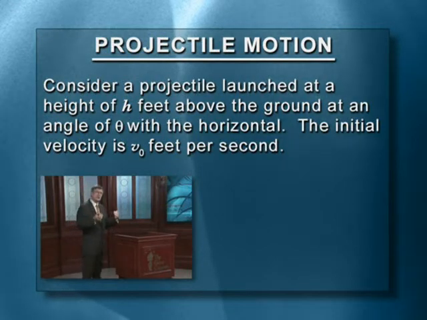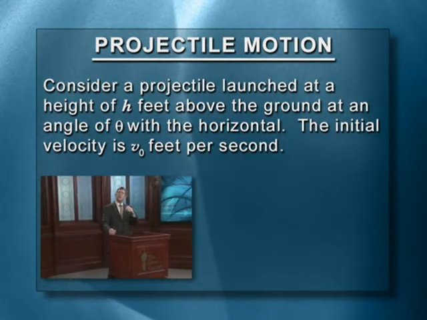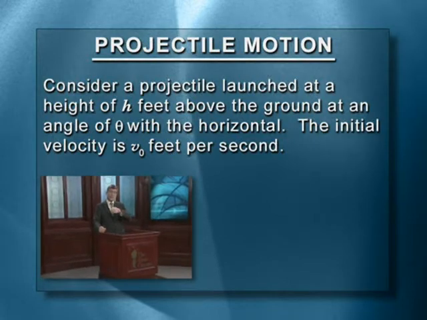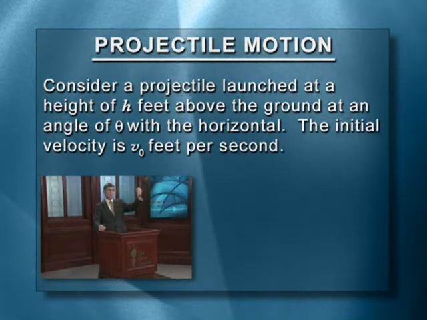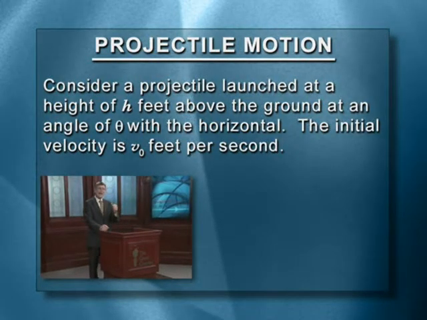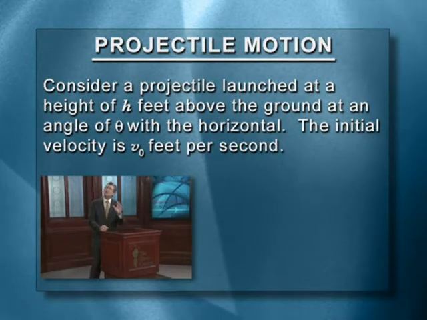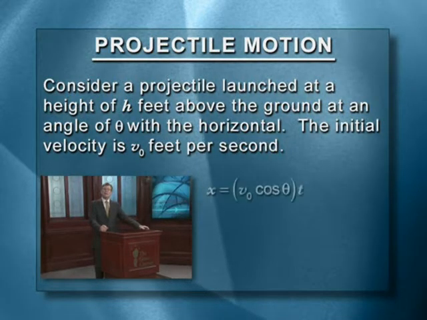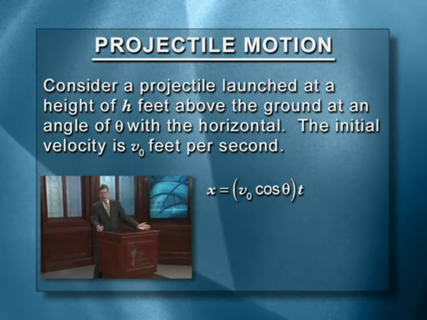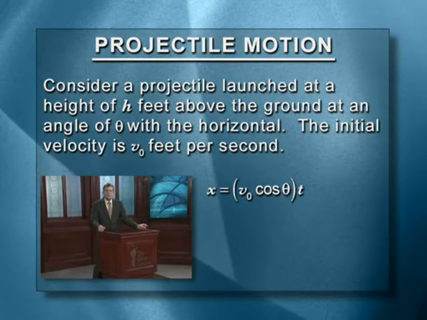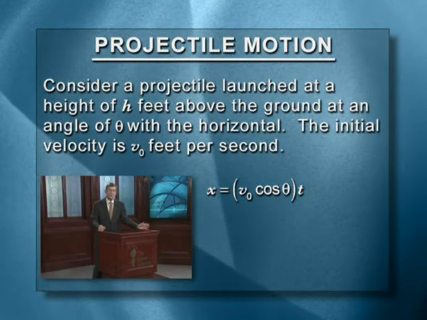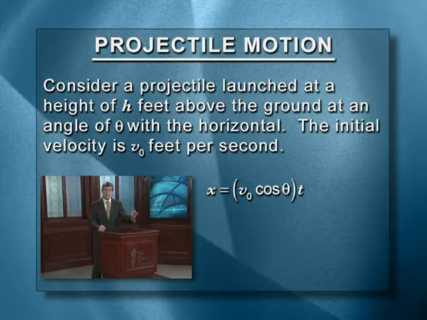From physics, you can derive equations for the path of this projectile as parametric equations, as a function of time. And here they are. The x-coordinate of our object will be v0 times cosine theta, all times t. T is time.